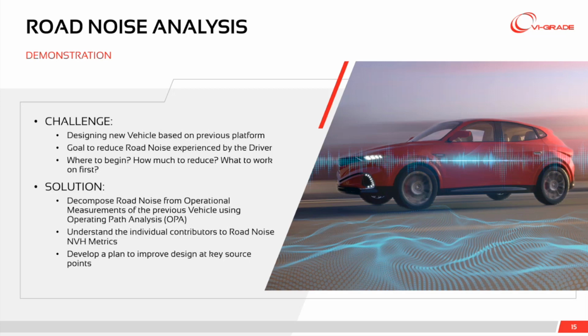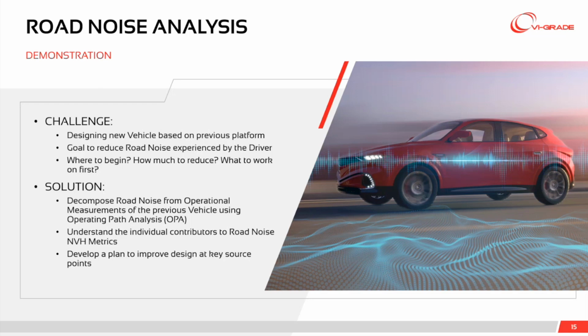From this decomposition, we can study it to understand the key contributors to the road noise NVH metrics or targets, begin to understand what are the most key components, what's driving that overall level that our existing customers have been complaining about. And because I'm using VI-NVHSim to do this, I can perform this study both objectively through analysis and subjectively through listening and experience, allowing me to confidently make decisions about this.